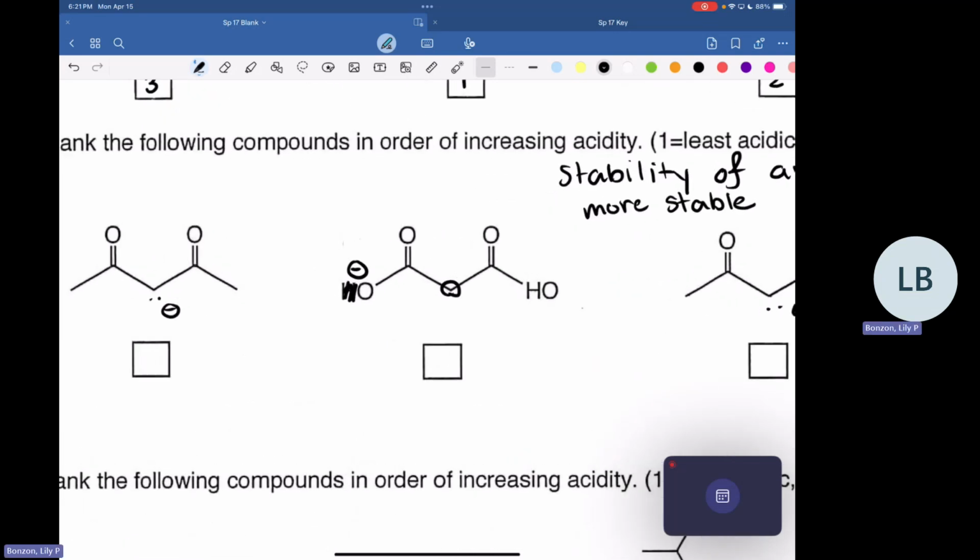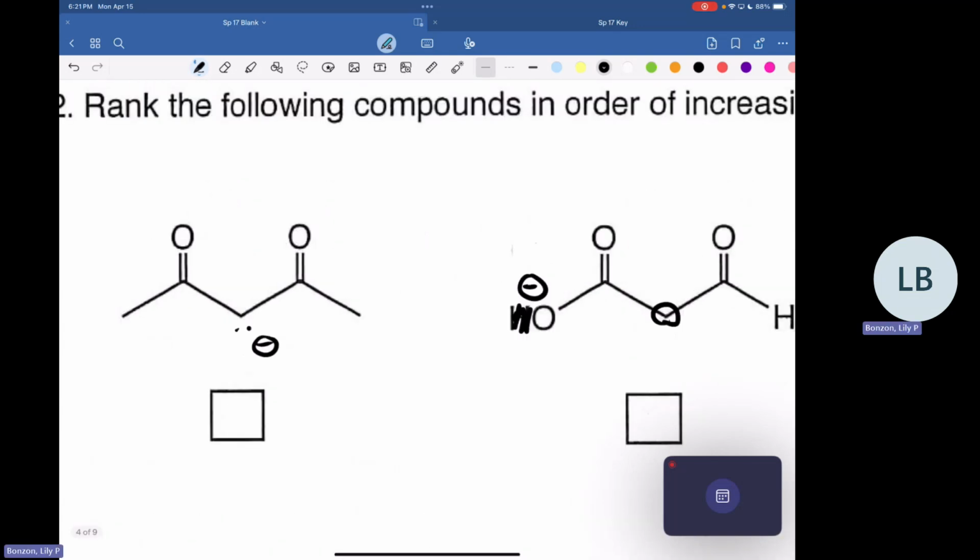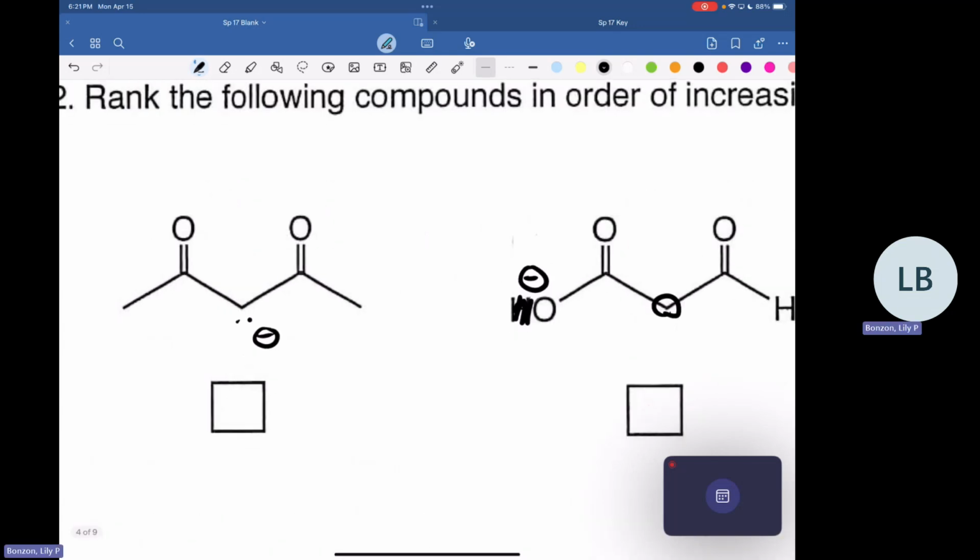When we look at the negative charge, we have to see if it resonates with anything nearby. In the structure on the left, this negative charge can resonate with the ketones, and it could resonate either way, so we've got two resonance structures here.